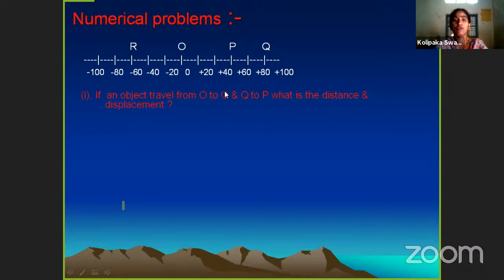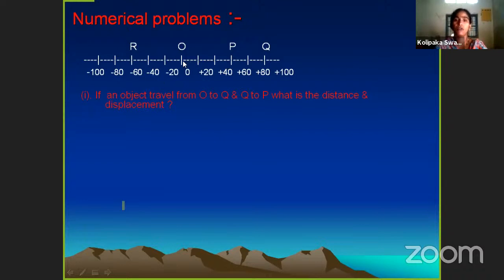Suppose we take one object on the scale, and it travels from O to Q. The object is traveling from O to Q, and then the object travels from Q to P. Find out the distance and displacement of the object.